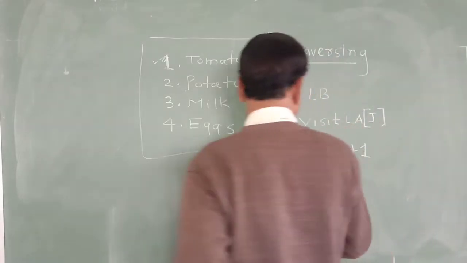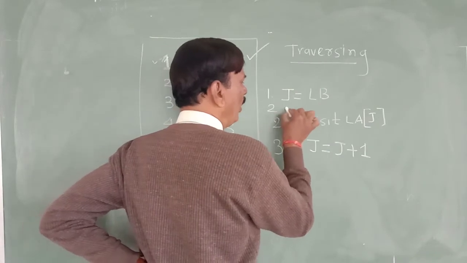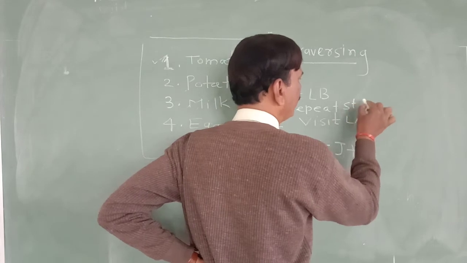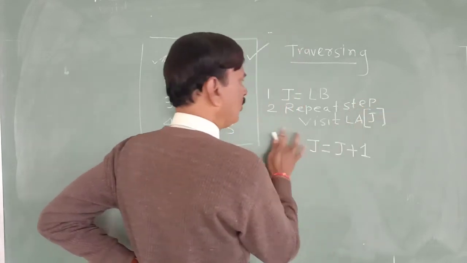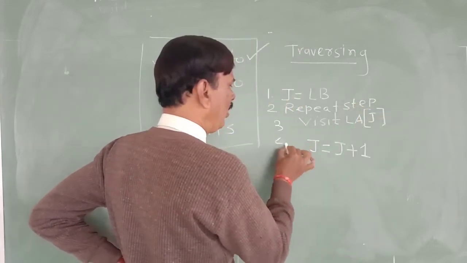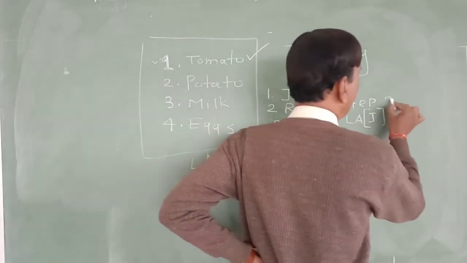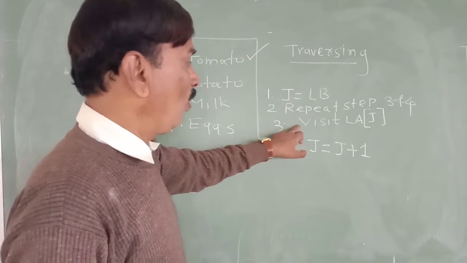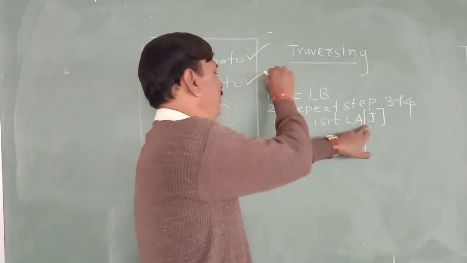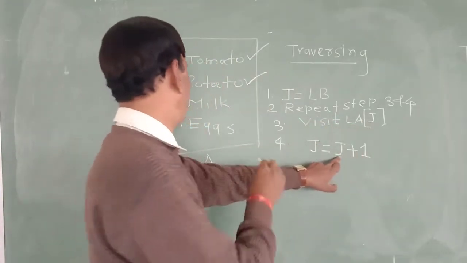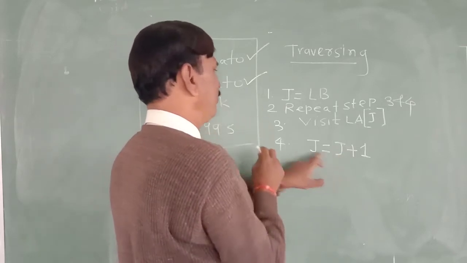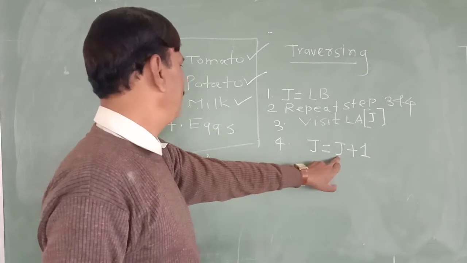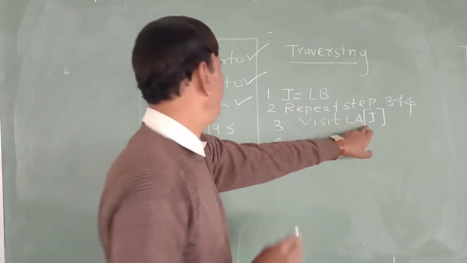That's why here we will say step number 2, repeat step 3, 4. Repeat step 3 and 4. So LA's 2 visited. J is equal to J plus 1. J becomes 3. LA's 3 visited. J is equal to J plus 1. J becomes 4. Repeat. LA's 4 visited.